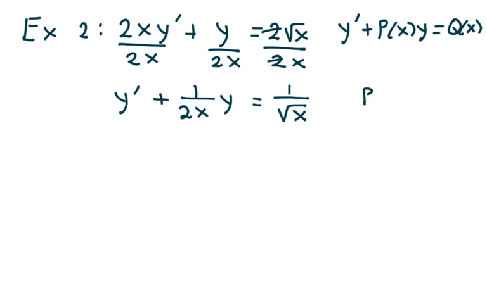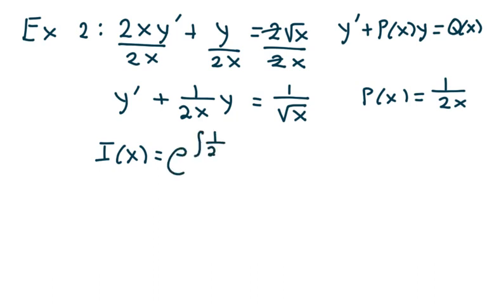So in this situation, p(x) is 1/(2x). So that's going to get me my integrating factor. We get I(x) is e to the integral of 1/(2x) dx, which is e to the integral. I'm going to pull the 1/2 out, and I'm going to integrate 1/x dx.